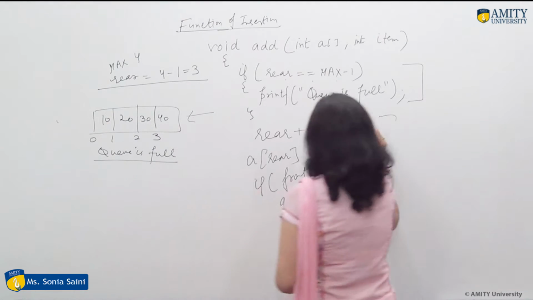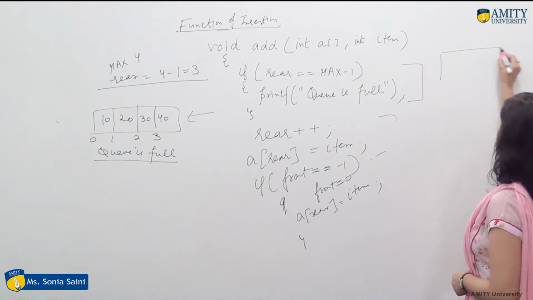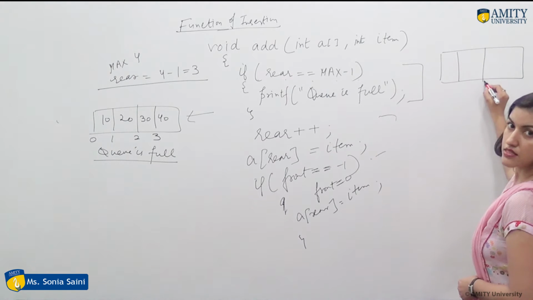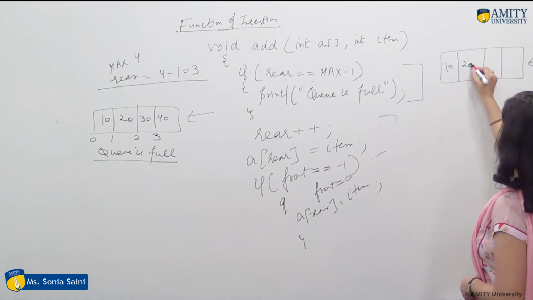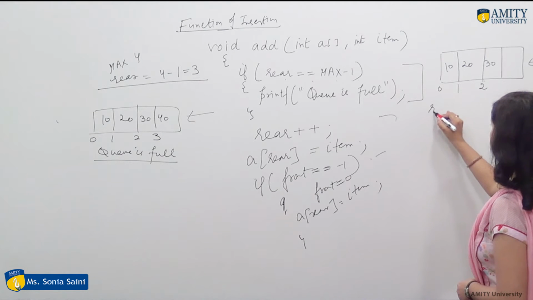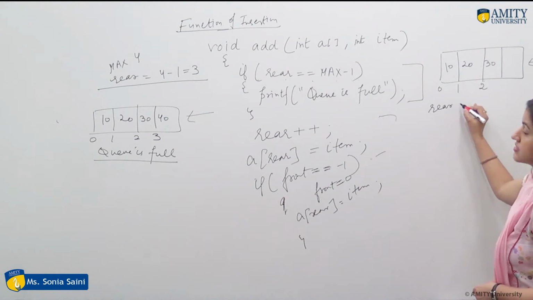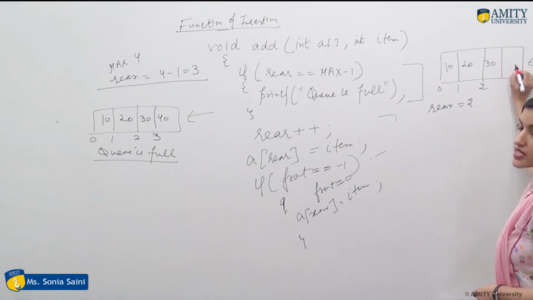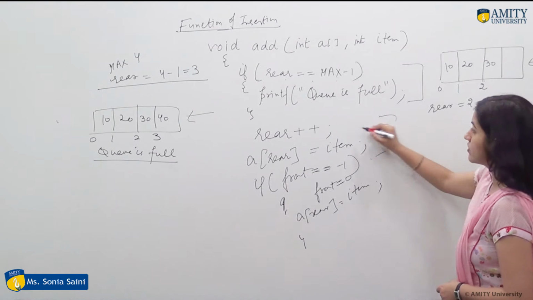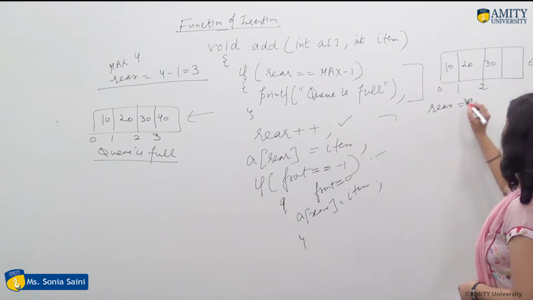Second case is if there is a space at the rear end, like this, 0, 1, 2. In this case, initially rear is 2. We want to add one more element. Then what will we do? Rear plus plus.